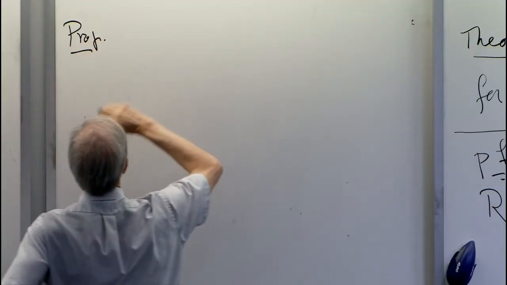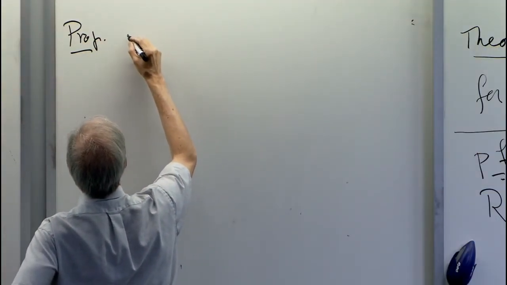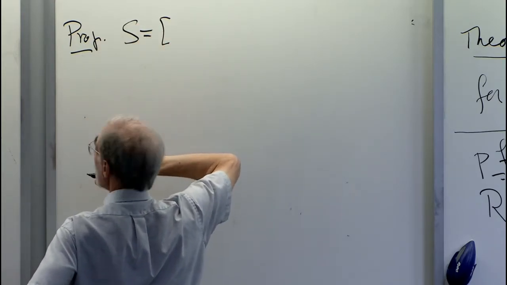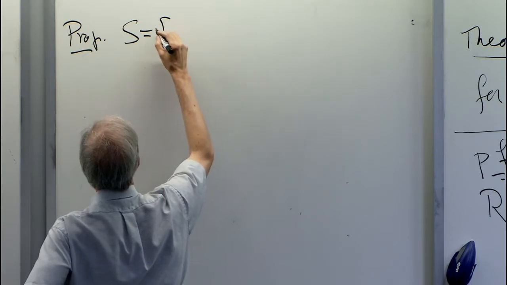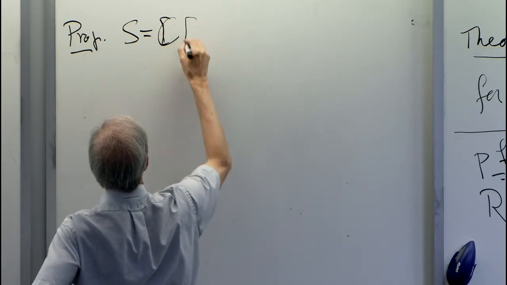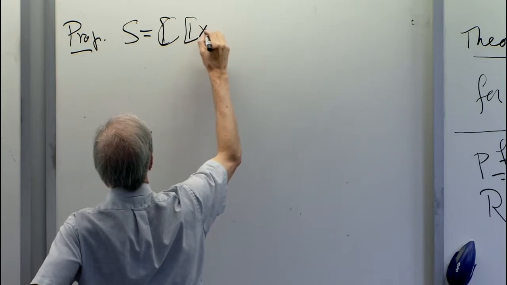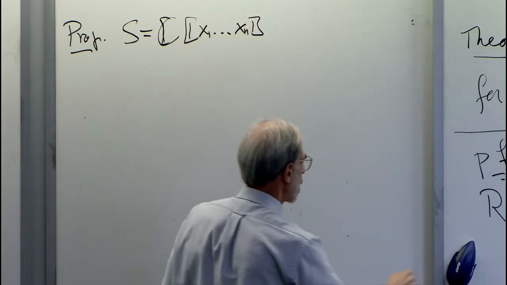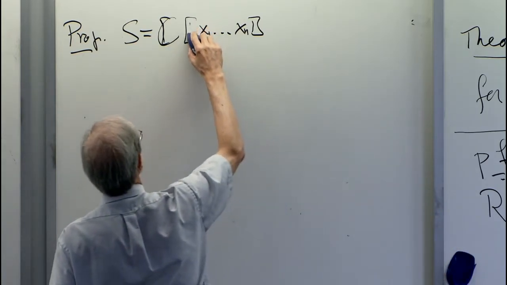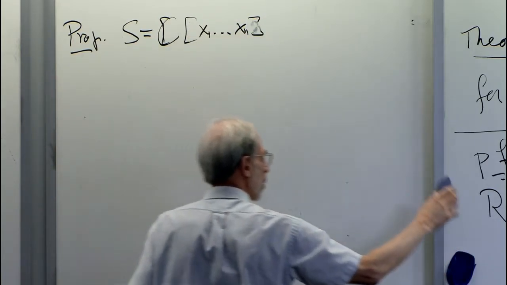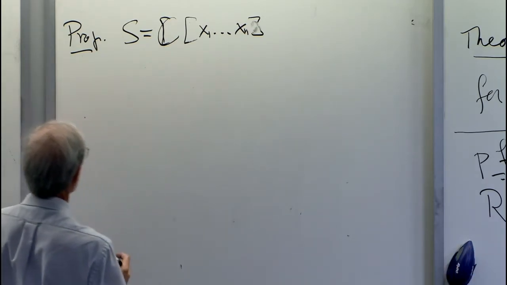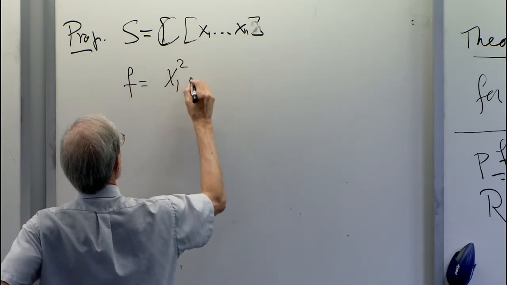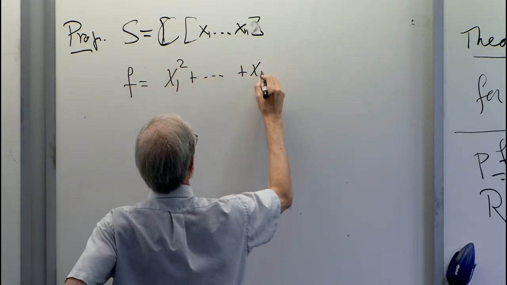proposition, which is that if, let's suppose we work now with S again, and now there are n variables, x1 up to xn. I'm going to work homogeneously with polynomial. It doesn't matter very much because I know the theory there better. And I take f equal to x1 squared plus through xn squared.